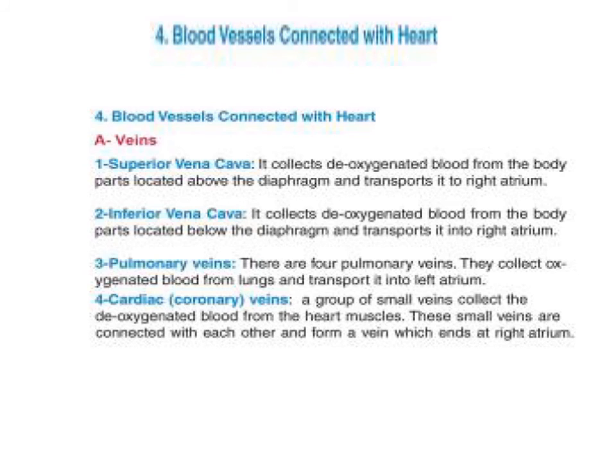Now, you can discover a thing from these veins. All veins collect the blood and transport it to the right side, except the pulmonary veins, which collect oxygenated blood from the lungs and transport it to the left atrium.